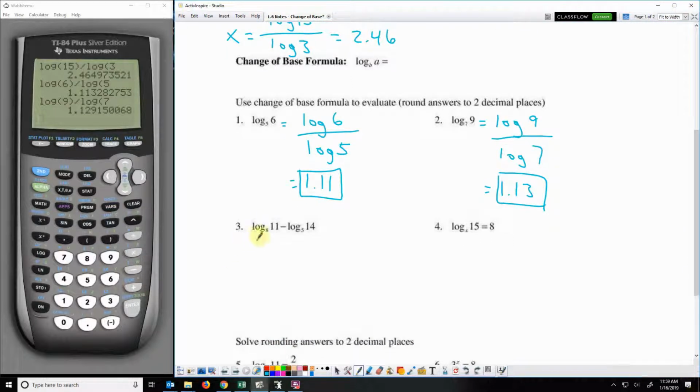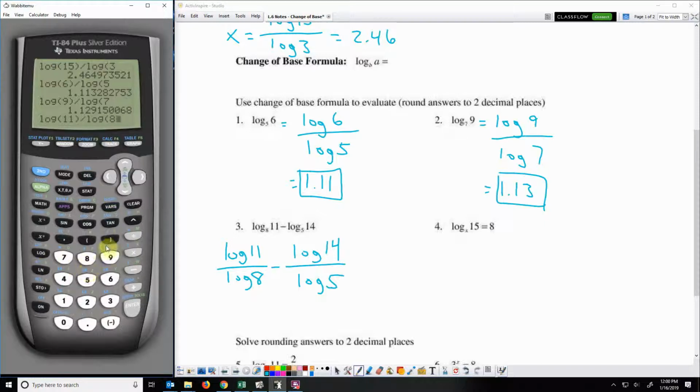So we've got log base 8 of 11 minus log base 5 of 14. I can do change of base on both parts here. Log 11 divided by log 8 minus log 14 divided by log 5. Okay, so in my calculator, log 11, close parentheses, divided by log 8.